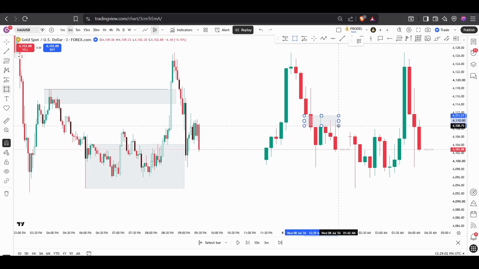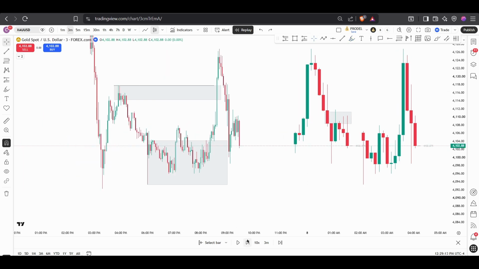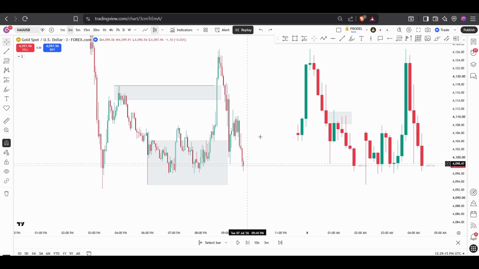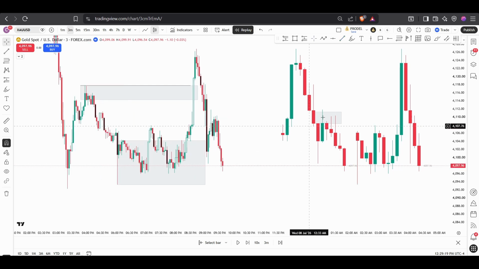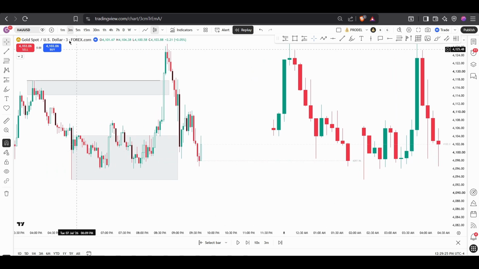We have to wait for this fair value gap to complete its work. It has to sweep the low, or it has to close above the fair value gap. So let's wait. You can see the 5-minute fair value gap did its work, so we don't have to worry about it now. Let's wait for the entry confirmation, which is bullish.